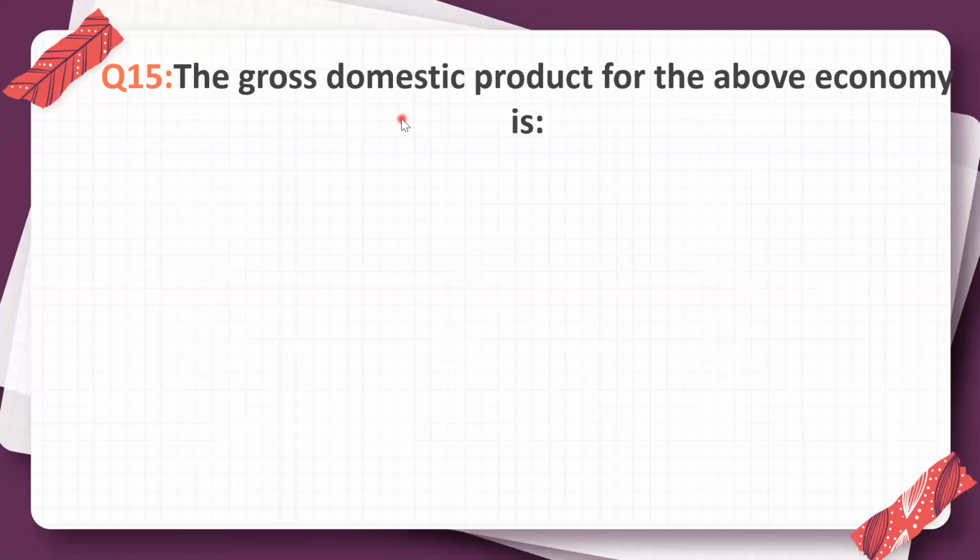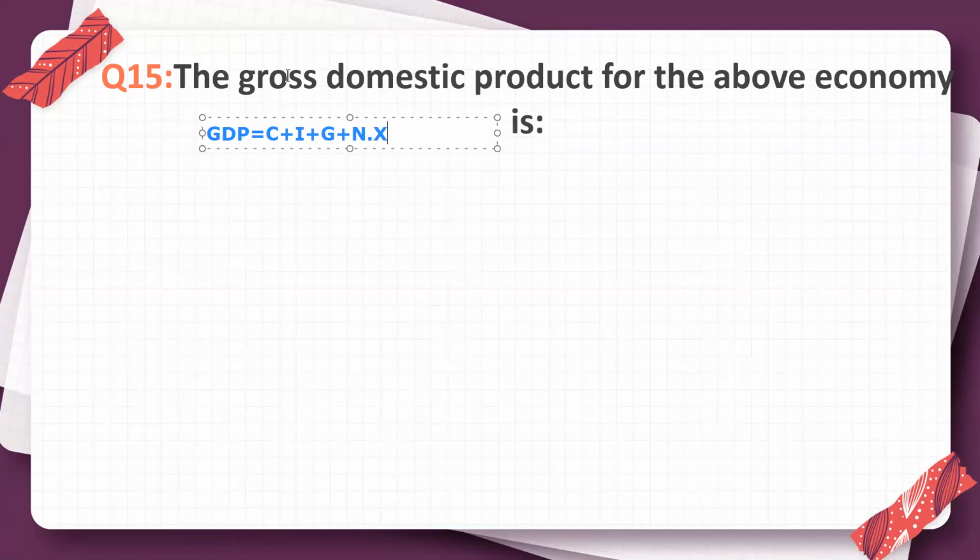The gross domestic product for the above economy is... When we calculate the GDP, we can use the same formula for the expenditure approach: GDP equals consumption expenditure plus investment expenditure plus government expenditure plus net exports.